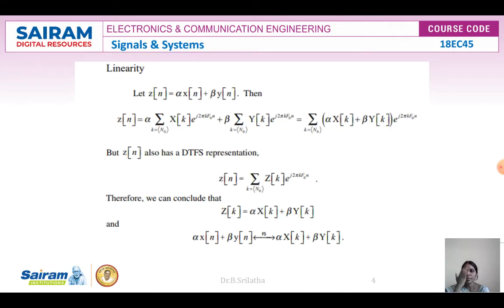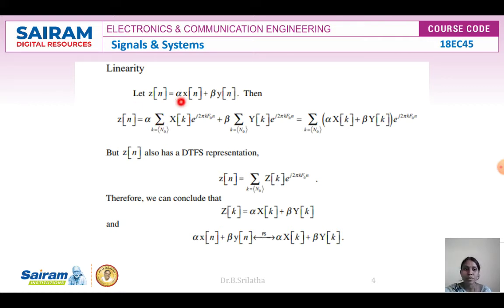Now the linearity property. Linearity is the sum of two signals. Let x of n and y of n be the two signals, and consider alpha into x of n plus beta into y of n, called z of n. This is the proof we are going to do.